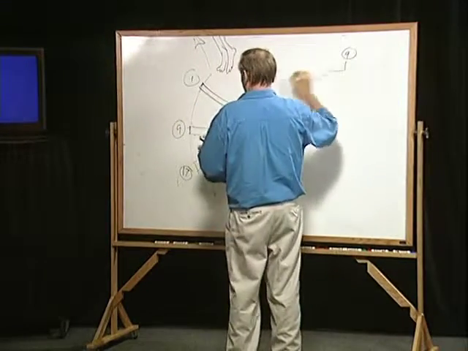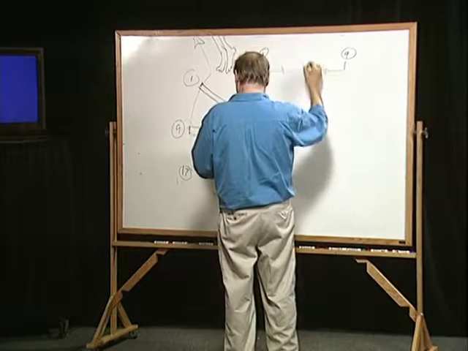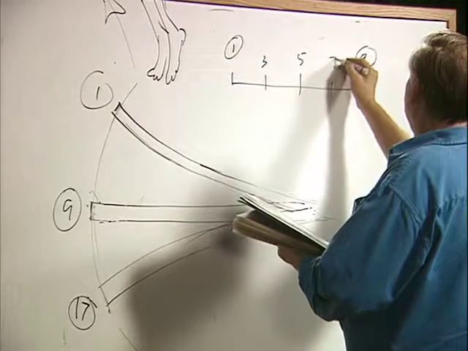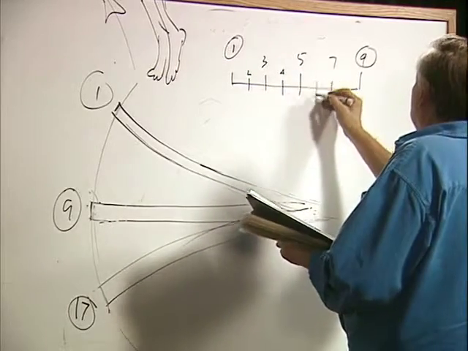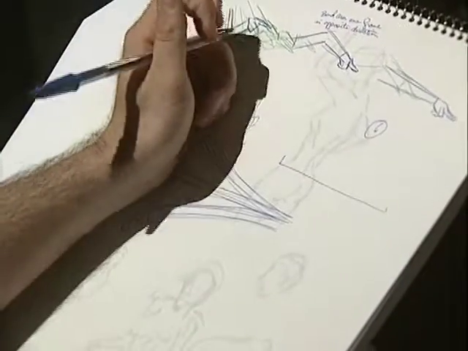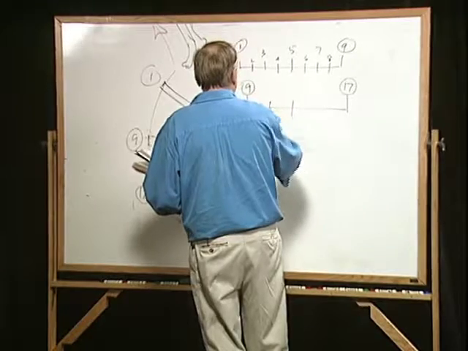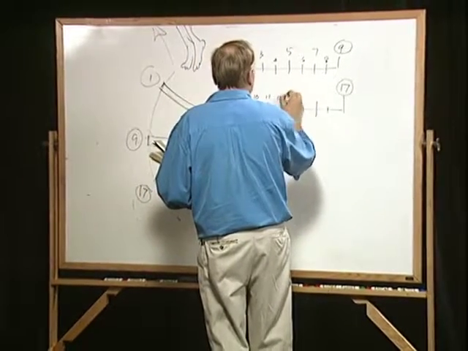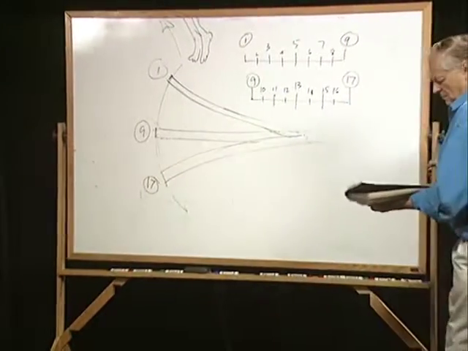1 to 9, I just do even divisions. 1, 5, 3, 7, 2, 4, 6. And then 9 to 17, same spacing, just even. 10, 11, 12, 13, 15, 16, 17.